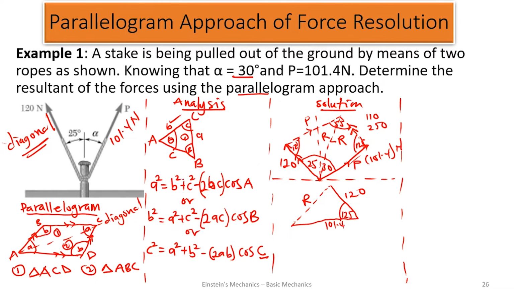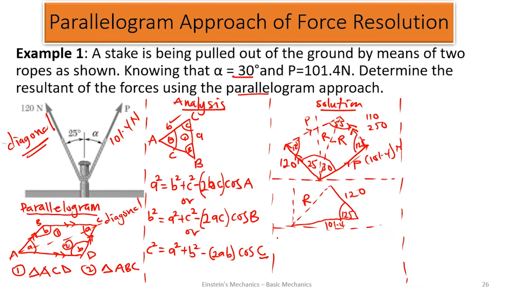So I can now use the cosine rule to find the resultant from this. You can choose any side and it will work. I can see this is my x-axis and this is my vertical axis. If I want to use the cosine rule, I have two sides and an angle between them.